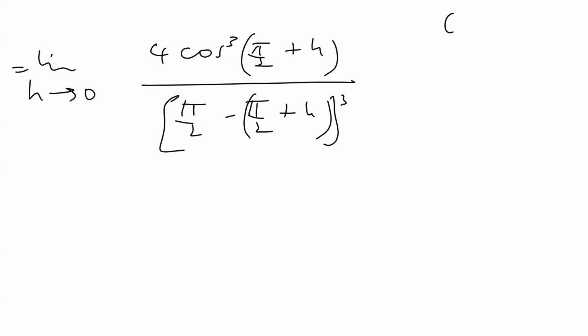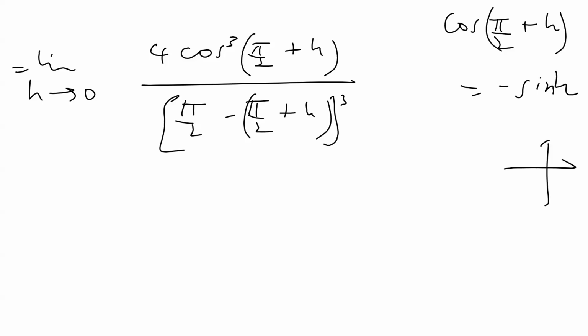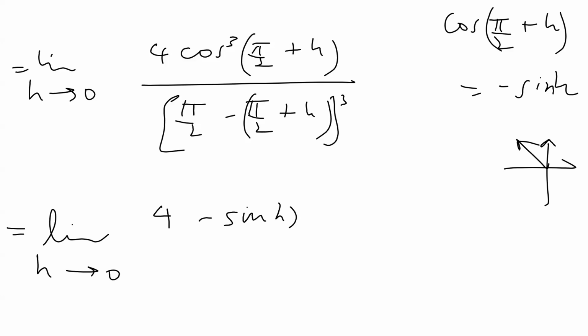Okay, now cos of pi by 2 plus h is equal to minus sin h using this method. So limit h approaching 0, 4 minus sin h the whole cube, because there is a cube over here, and cos pi by 2 plus h is minus sin h.